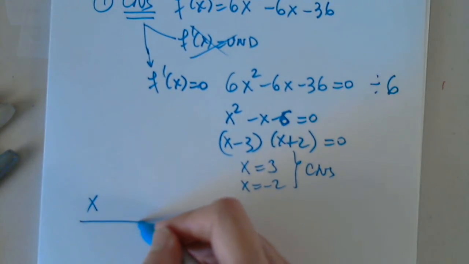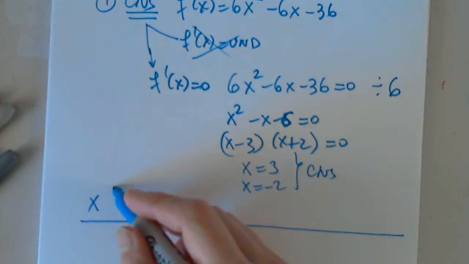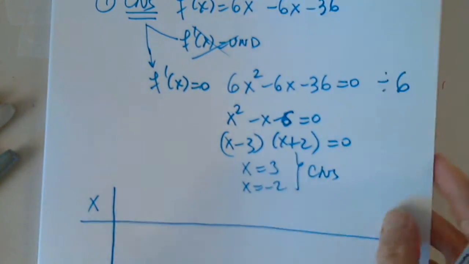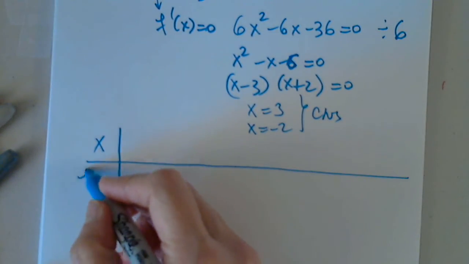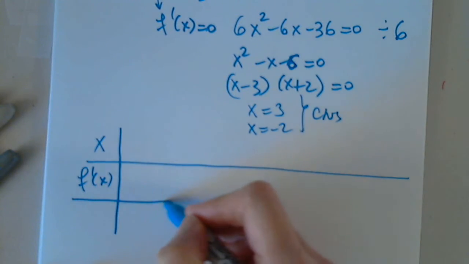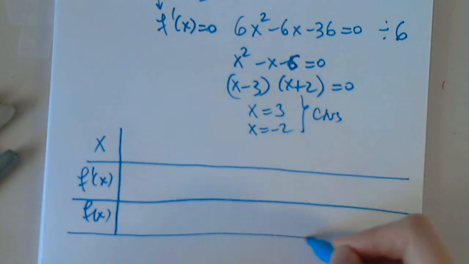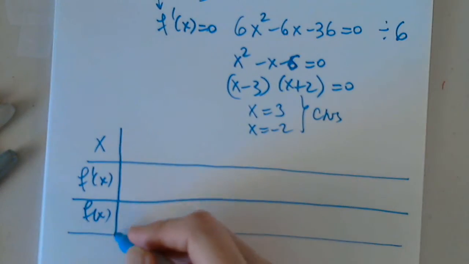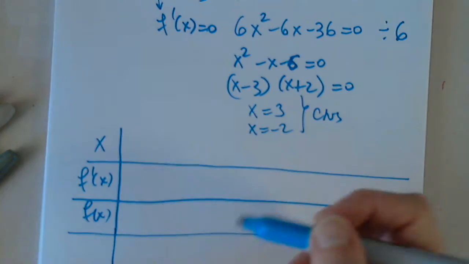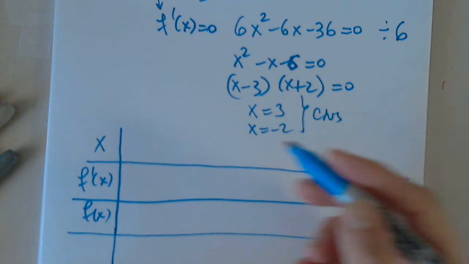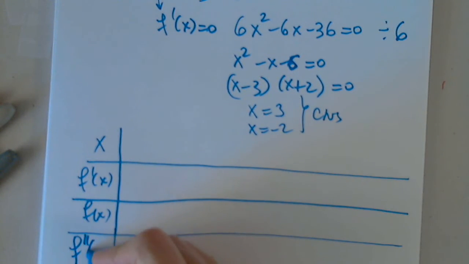We get our table going. In the table, we are going to put f prime of x as the first row, f of x as the next one. Of course, the first one is all the domain of the function and the x values. And then we're going to talk very shortly about the second derivative and what it tells us.